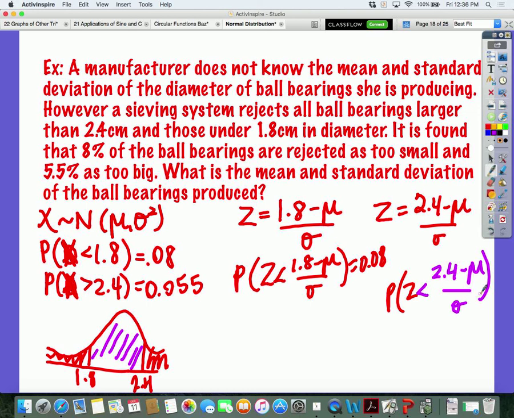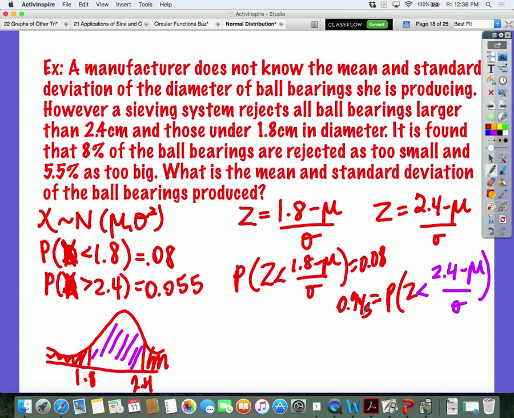The reason we have to switch is that with the standard normal, we want the probability that's to the left of that x value. So we do not do greater than, but less than, and it equals the probability to the left of that x value, which is 0.945.